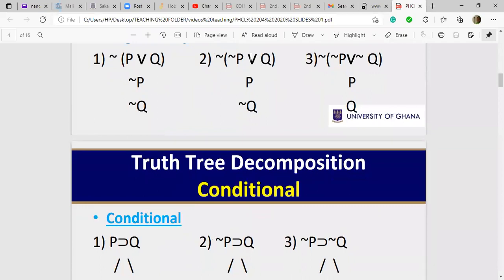Which compound is this? Go on, Maxwell. Negated disjunction. Very good. Negated disjunction.